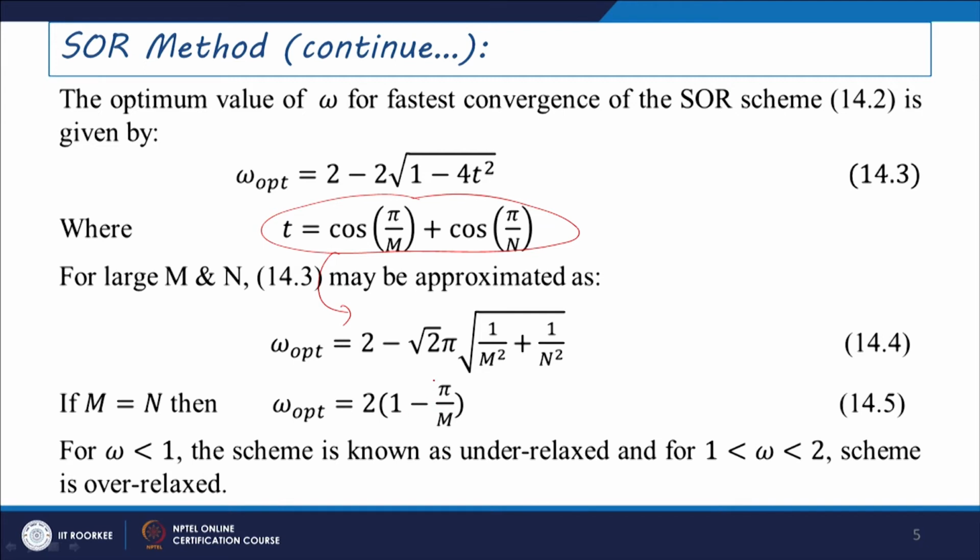So, we are opting here for two different conditions, that is successive under relaxation and successive over relaxation. Sometimes, whenever we go for higher computations, some schemes may converge within certain ranges, like if omega is between 0 and 1, and sometimes the system will converge when omega lies between 1 and 2.